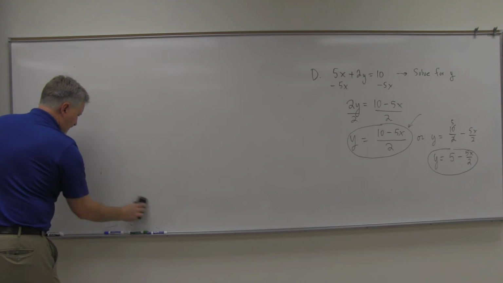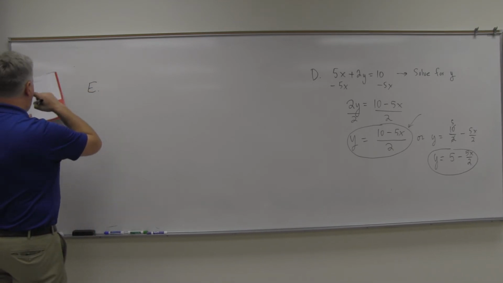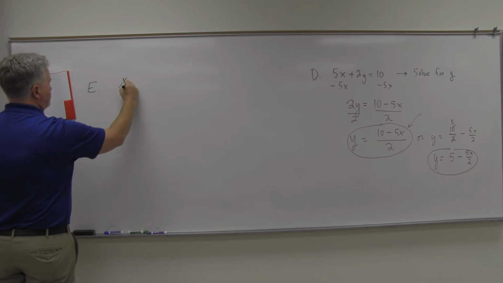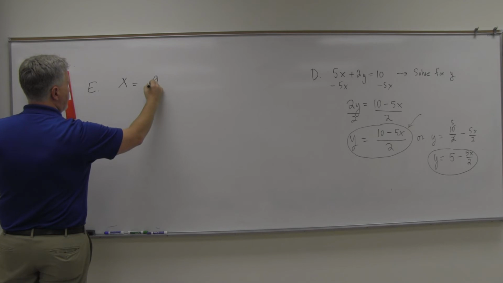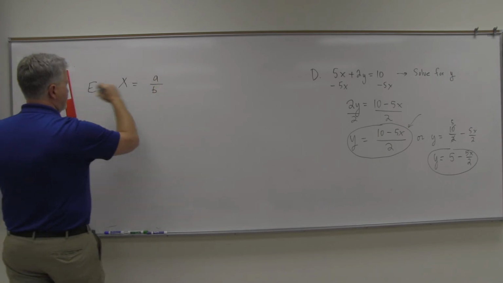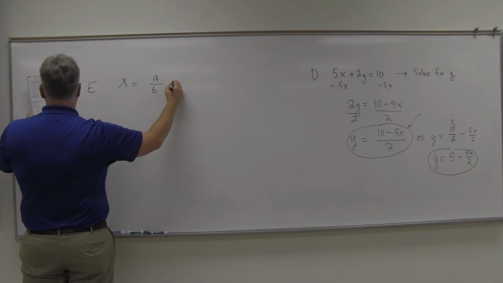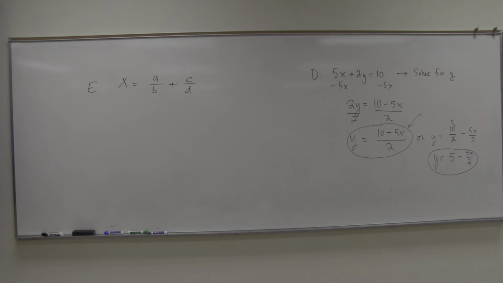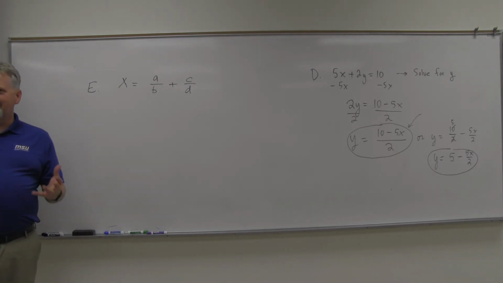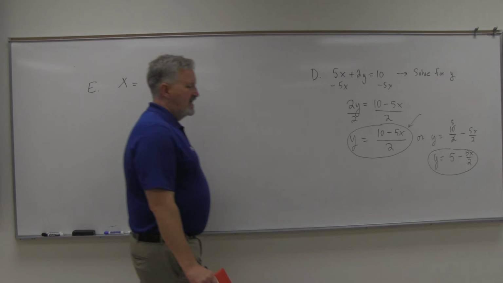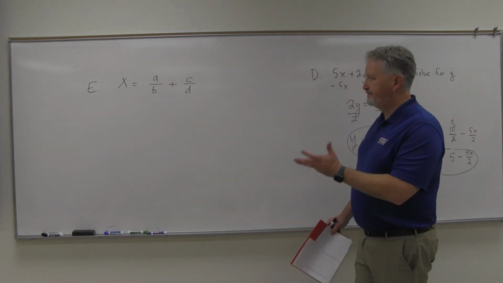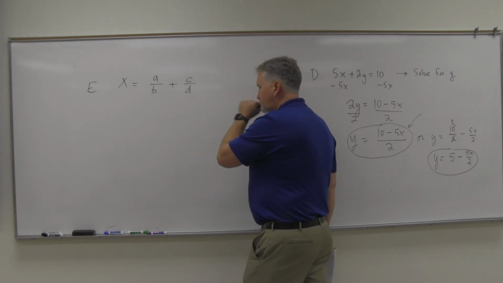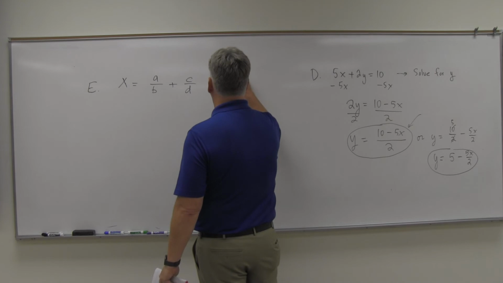And then the last one, just enough time here to go into that one. So E, in Roman numeral 26. X equals A over B plus C over D. One of our rational equations we just talked about. And so the idea is, since I can't do the proportion thing here, cross multiply, do the LCD. What will be the LCD here?